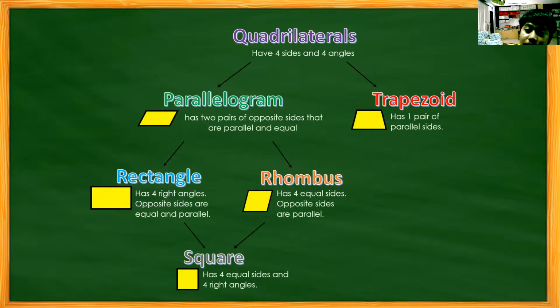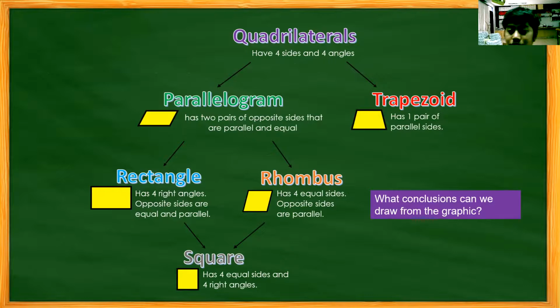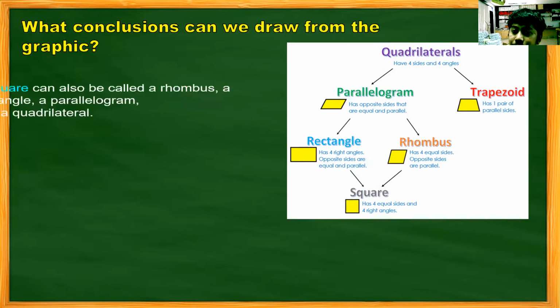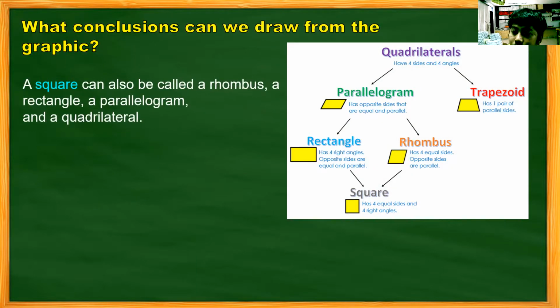Okay, these are the classifications of our quadrilaterals: a parallelogram, a trapezoid, a rectangle, a rhombus, and a square. What conclusions can we draw from the graphic? A parallelogram has opposite sides. A square can also be called a rhombus, a rectangle, a parallelogram, and a quadrilateral.